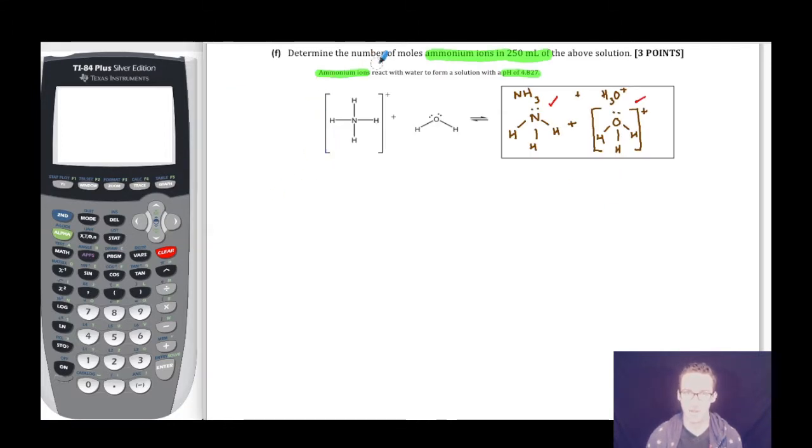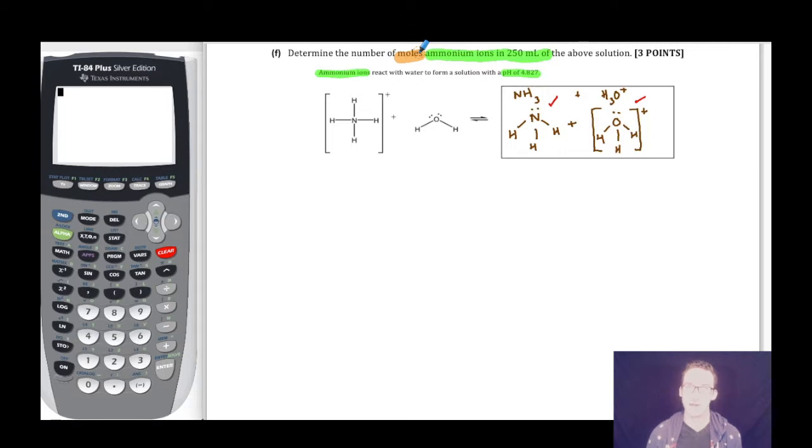All right, now as you look at this last problem, it's pretty involved. It's asking us to determine the number of moles of ammonium ions. A lot of these acid-base problems will be working with the concentrations of hydrogen ions and hydroxide ions. We're going to be working with the concentrations that we see in the equilibrium constant expressions.